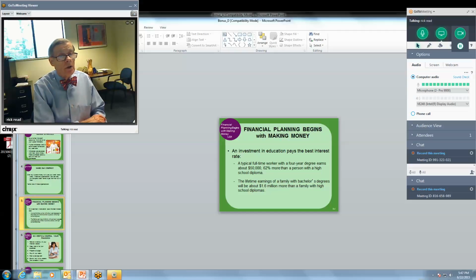And the lifetime earnings for a family with a bachelor's degree will be about 1.6 million more than a family with high school degrees. Premium on higher education. I hope that each of you realizes that. I know you're doing that in your pursuit and that it will be beneficial for you when you graduate.